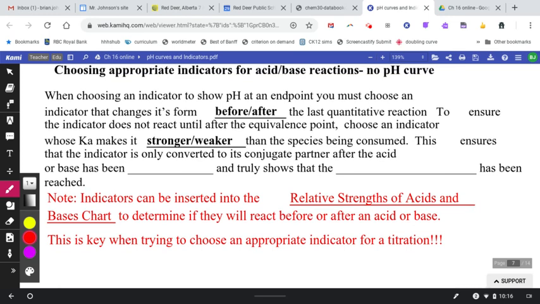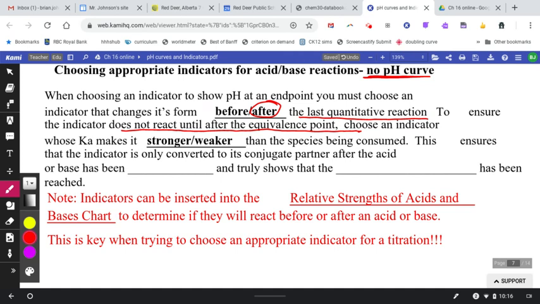How do you choose an appropriate indicator for an acid-base reaction when you have no pH curve to figure out the equivalence point? Okay, here we go. When choosing an indicator to show pH at an endpoint, you must choose an indicator that changes its form after the last quantitative reaction. This will ensure that the indicator does not react until after the equivalence point has been reached.